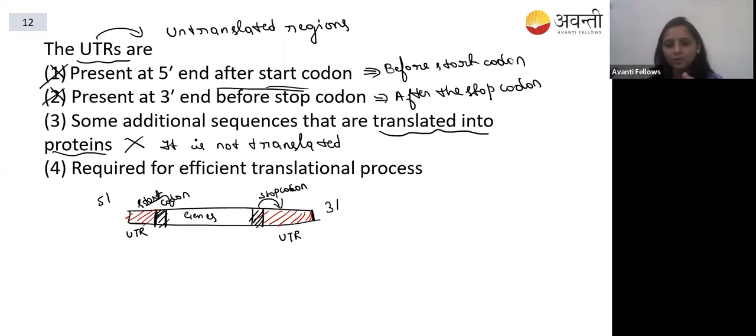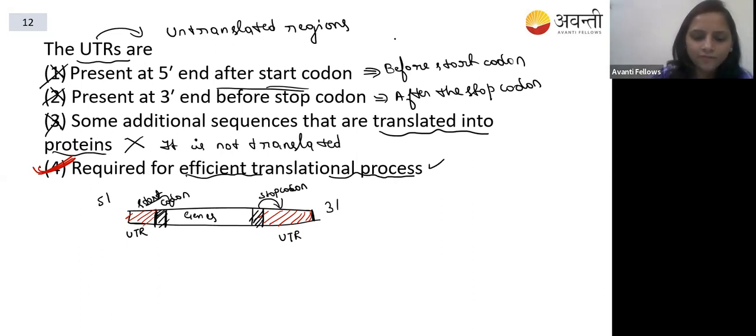But it will not continue the protein synthesis, right? So holding and continuing the protein synthesis requires the untranslated region. That is the reason option 4 is the correct answer, whereas option 3 is wrong. It is required for the efficient translational process. Option 4 is the correct answer.